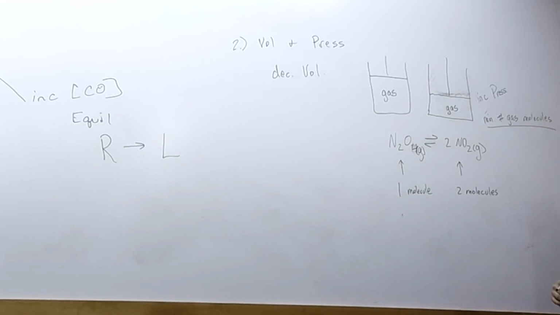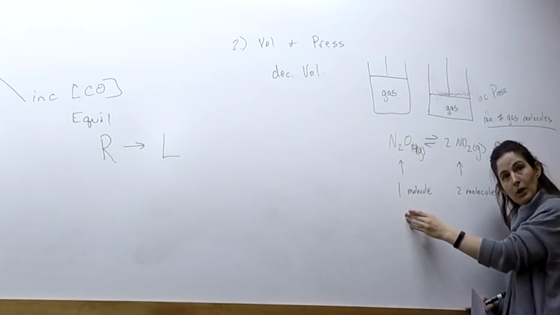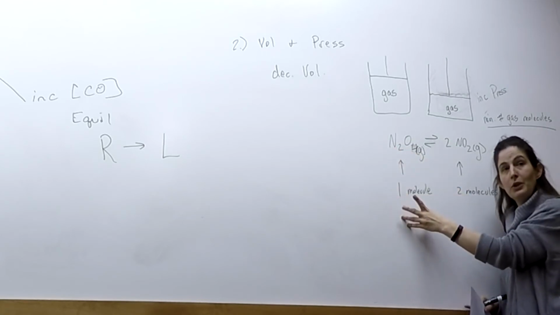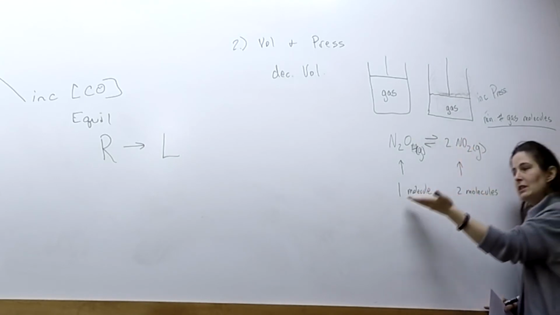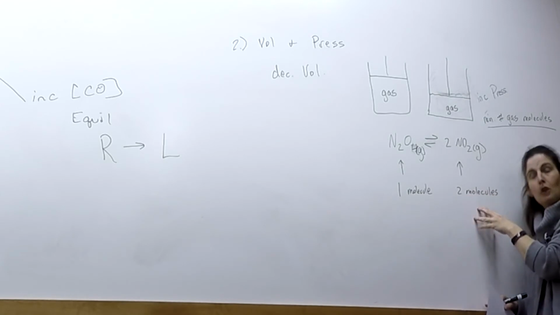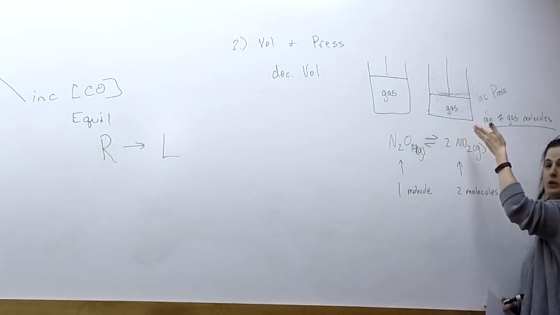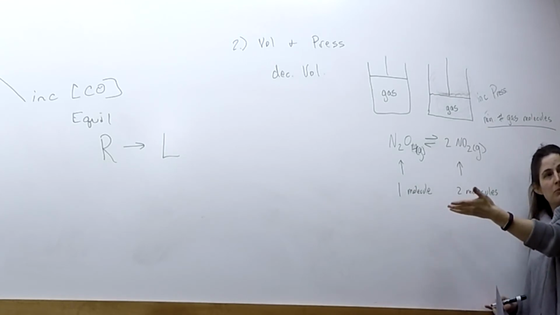If we look here, if we have the non-decomposed gas here, the N2O4, we only have one molecule of it. It's larger, but there's only one. Here we have two NO2s, so every time this decomposes, we now form two molecules. So if we decrease the volume here, increasing the pressure, which way do you think the equilibrium is going to favor?